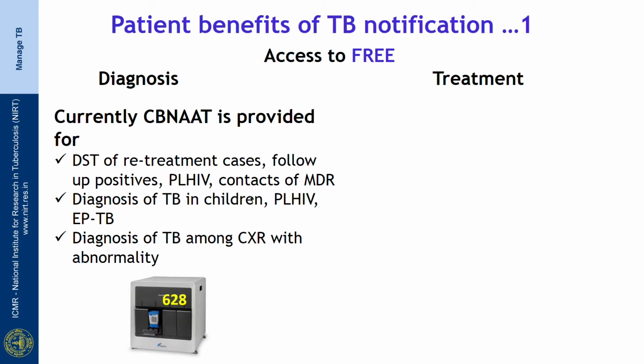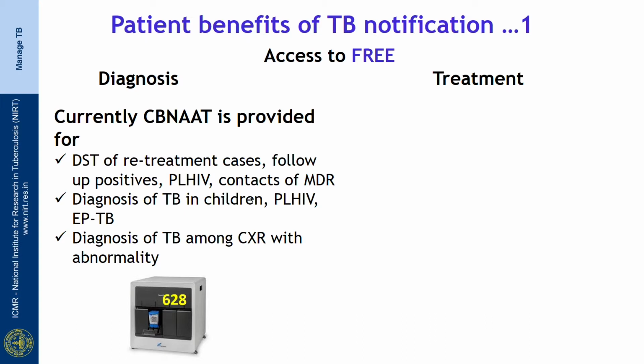By policy, currently the CBNAAT or the Gene Expert available in the public sector has been offered, the access has been offered by policy to all patients being diagnosed in the private sector for a few purposes, and those include DST for retreatment cases, follow up of positives, PLHIV, contacts of multi-drug resistant TB cases, diagnosis of TB in children, PLHIV, extrapulmonary TB, and diagnosis of TB among chest X-ray with any abnormality.